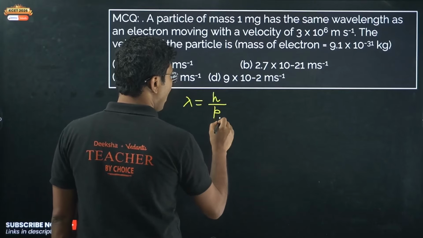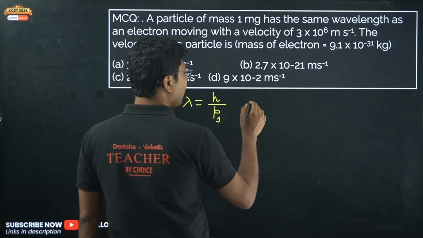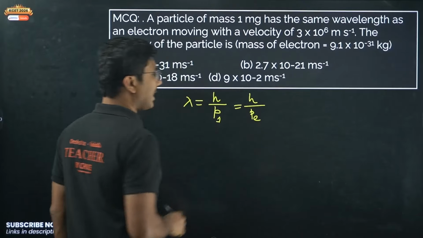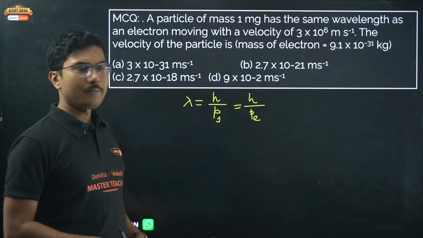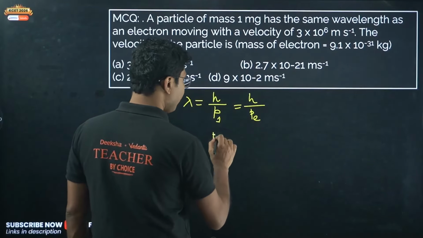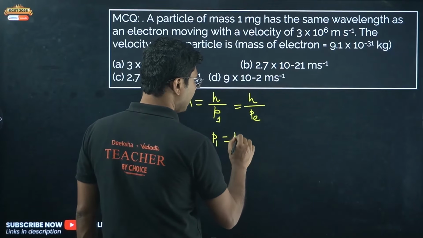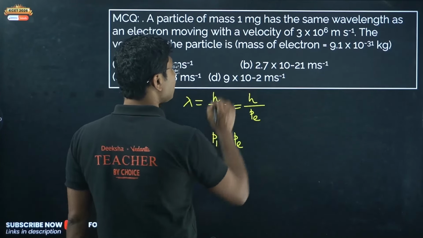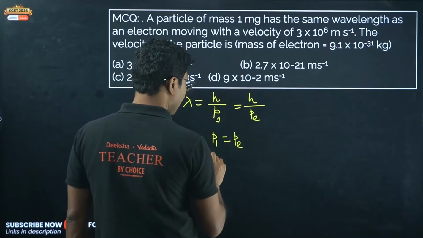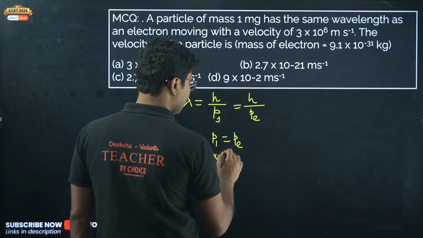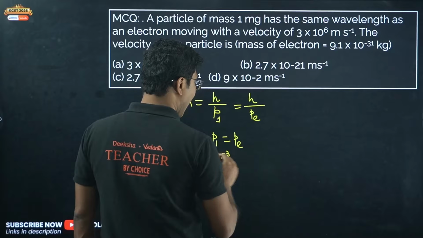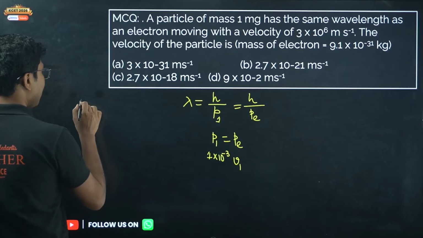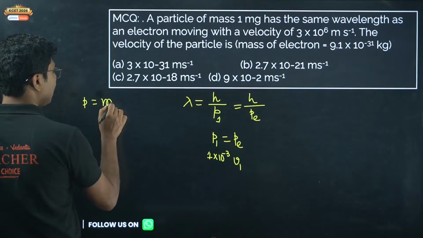The 1 mg particle and the electron both have the same wavelength, so h by p must be equal, or the momentum of the 1 mg particle and the momentum of the electron should be the same. The mass of 1 mg is 1 milligram, which means 1 into 10 to the power of minus 3 kg, and velocity say v1. Remember that momentum is nothing but mass into velocity.